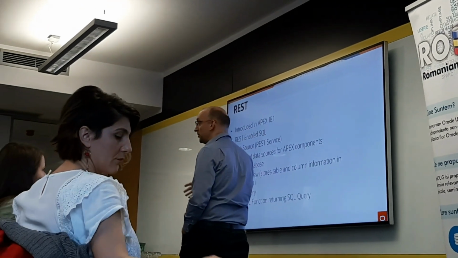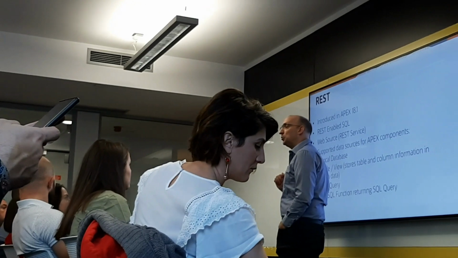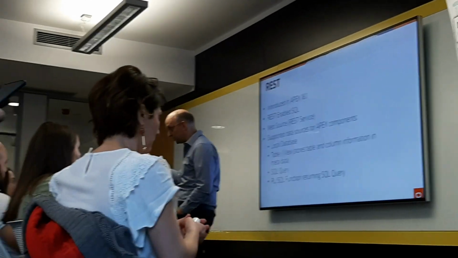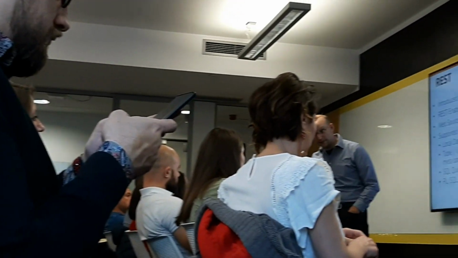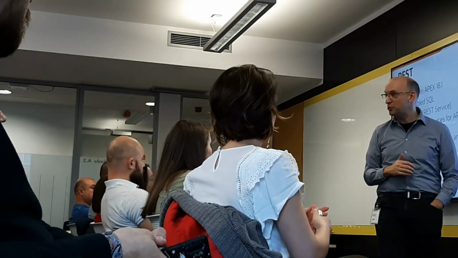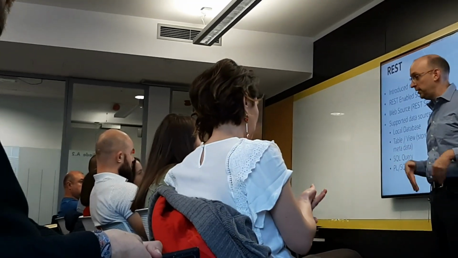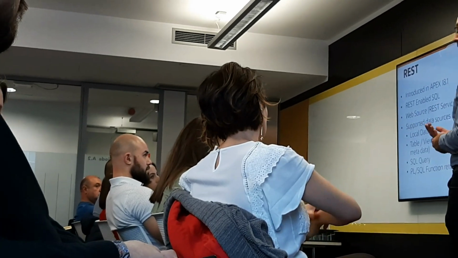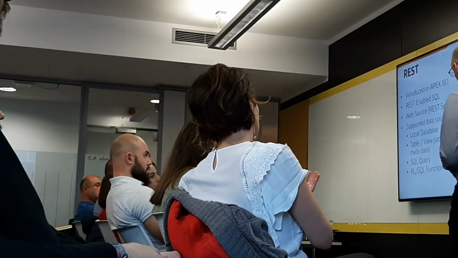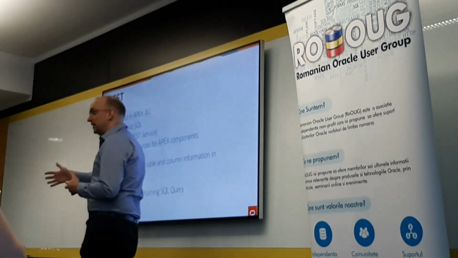Apex was able to deal with REST services before, of course, but you had to code a lot of pure SQL. You used the Apex Web Service package, then you had to parse the JSON yourself, and then you had to build table functions, and then you were able to create a report on top of a RESTful service. And the goal in Apex 18.1 and until today is to make this process easier and first and foremost declarative, right? So you're able to create a reference to an external RESTful service, that's a web source module.